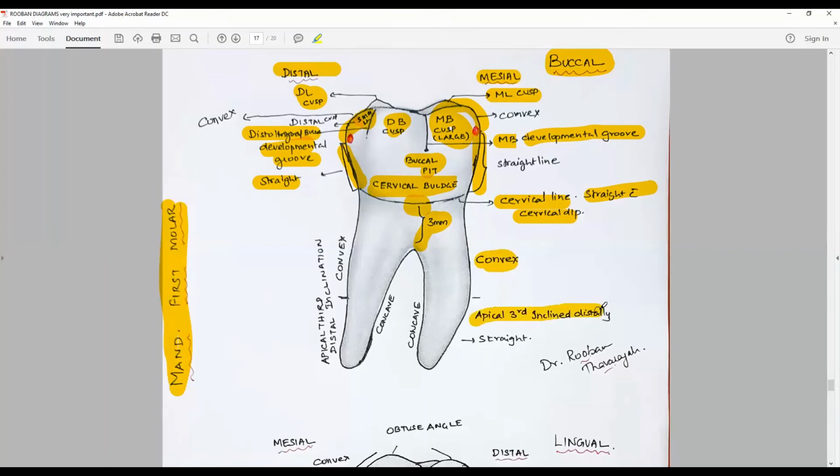After, in the apical third, it is inclined distally with a straight outline. The distal outline of the mesial root is concave. Similarly, the mesial outline of the distal root is concave. Then we have apical third distal inclination. Both go towards distally, and from the middle third to the cervical third, the root outline is convex.